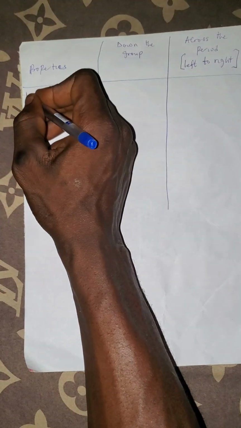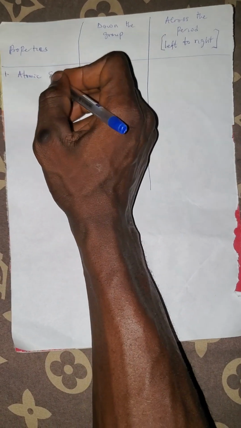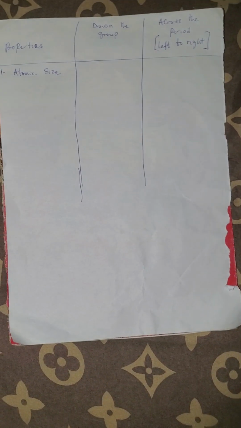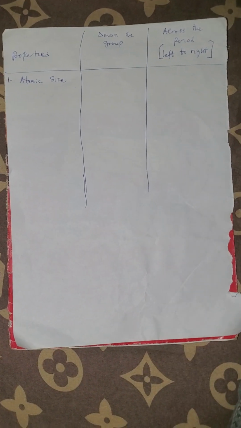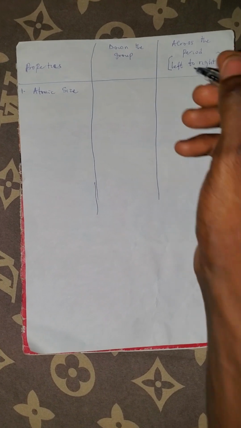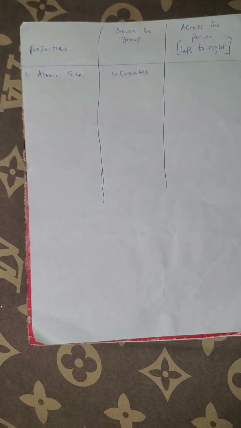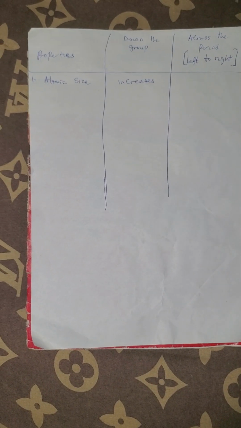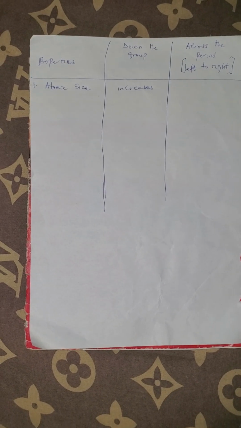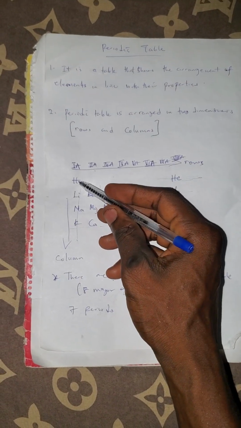The first property I will be talking about is atomic size. The atomic size of the periodic table increases down the group, because if you see very well, the number of shells that hydrogen has is just 1.